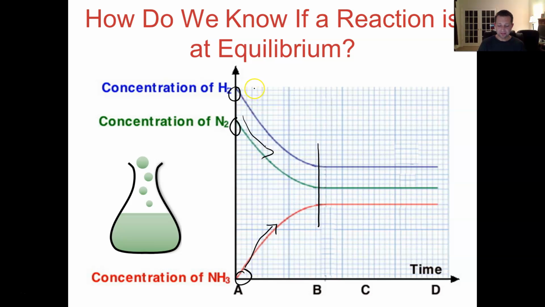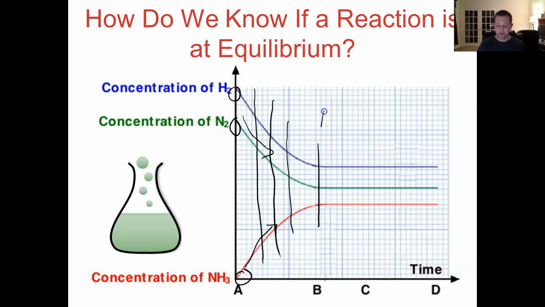If I collect data right here, I would have certain concentrations of N2, H2, and NH3. If I collect data again a few seconds later, my concentrations have changed: the H2 has decreased, the N2 has decreased, and the NH3 has increased. If I do it again, they've changed again, so not at equilibrium yet.